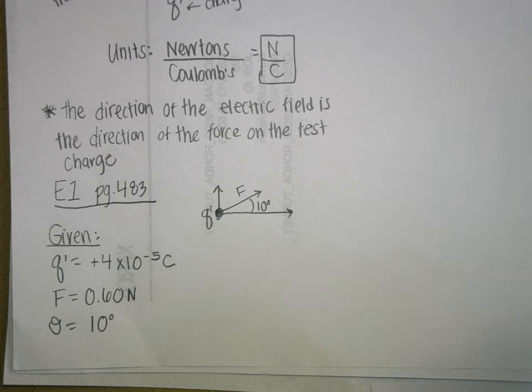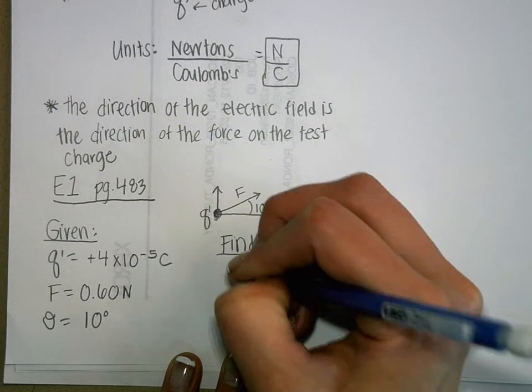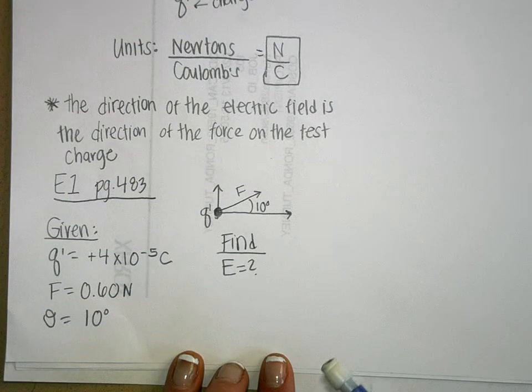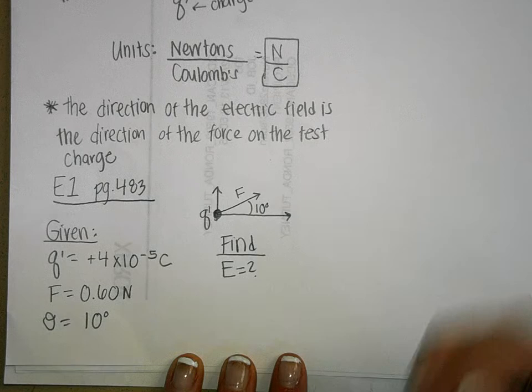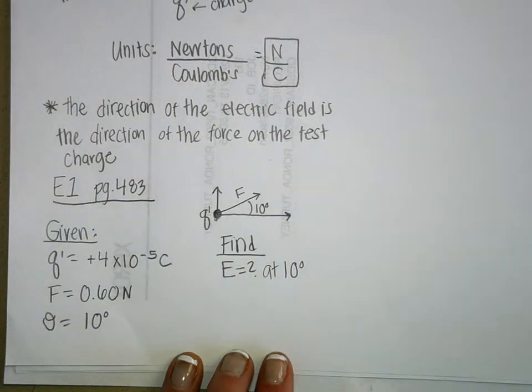So it's asking us to find the electric field. And because we know the direction of the electric field is the same as the direction of the force, we need to find the electric field at 10 degrees. So we know the direction of the electric field already.